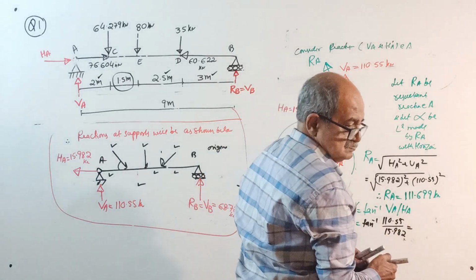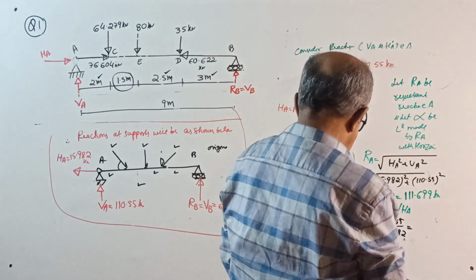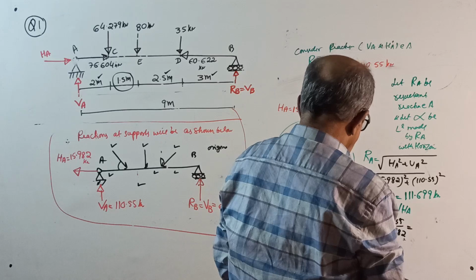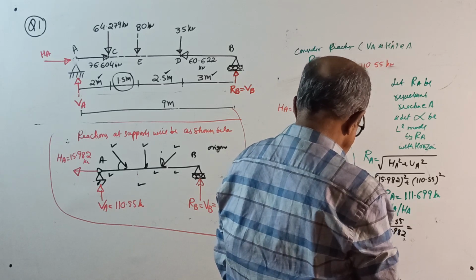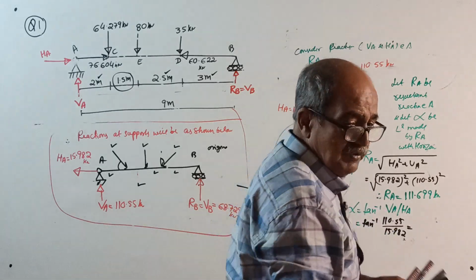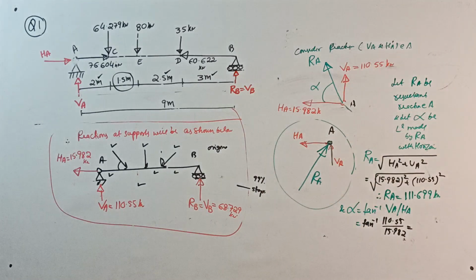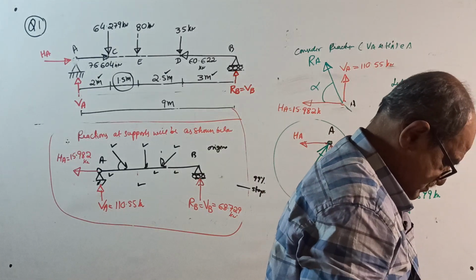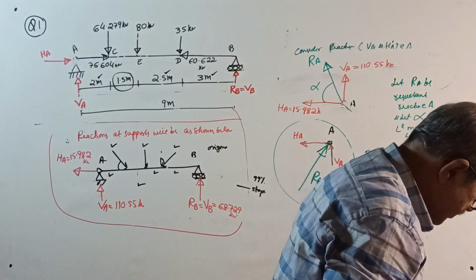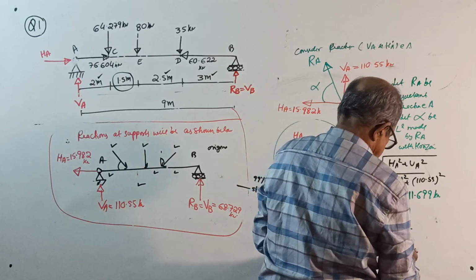That is 110.55 divided by 15.982, shift tan inverse, answer 81.774 degrees.